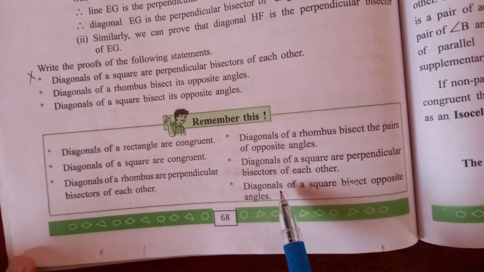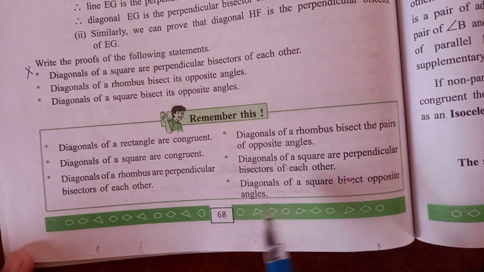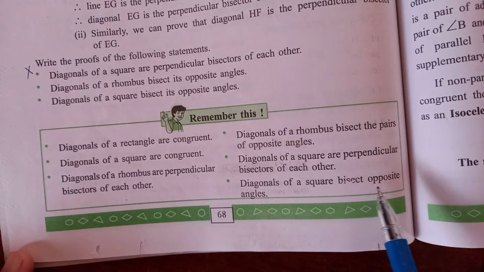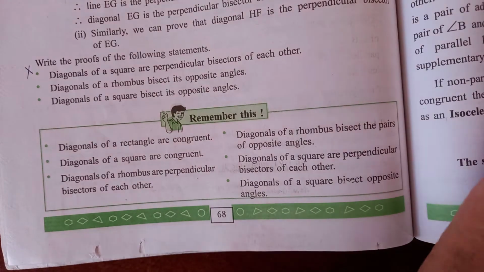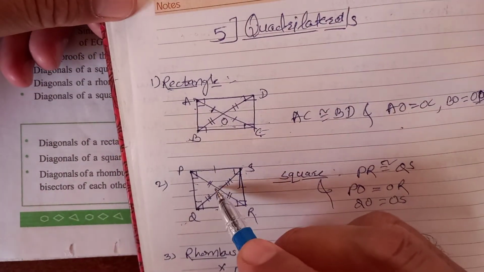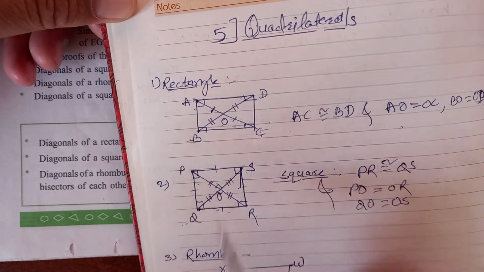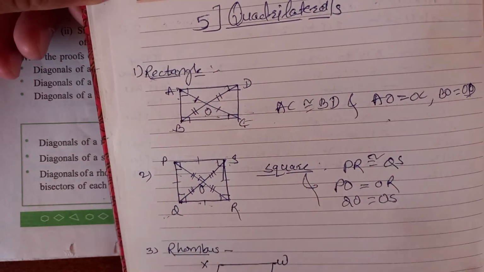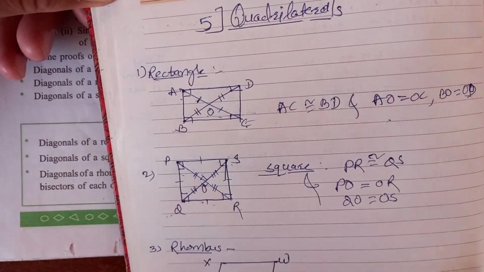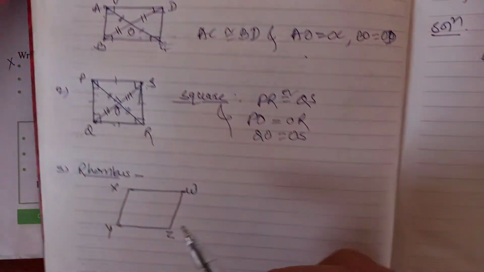This is an important property. Diagonals of a square are also perpendicular bisectors and bisect opposite angles. These diagonals bisect each other at 90 degrees, meaning they are perpendicular. In the rectangle they only bisect; here they are perpendicular bisectors. So this is the rhombus.